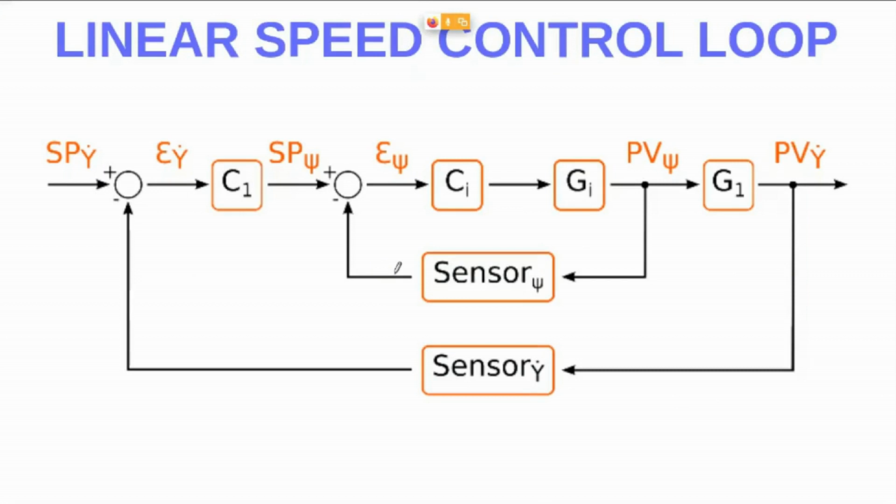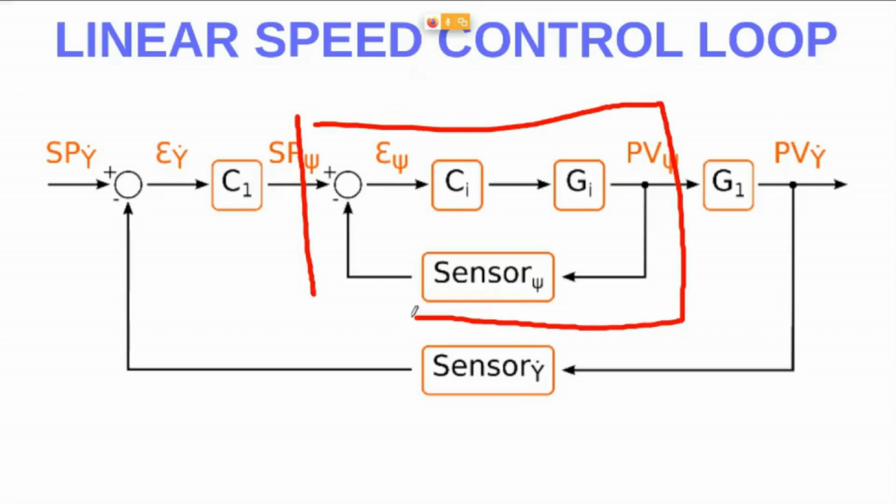Well, first of all, I will do a review of our structure. If you remember, this inner part is an angle control strategy. This is the set point, for example, for the pitch or for the roll angle, and this is the process variable, so the real value of this angle.